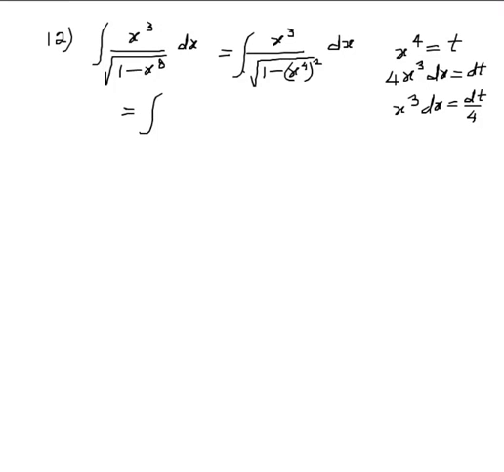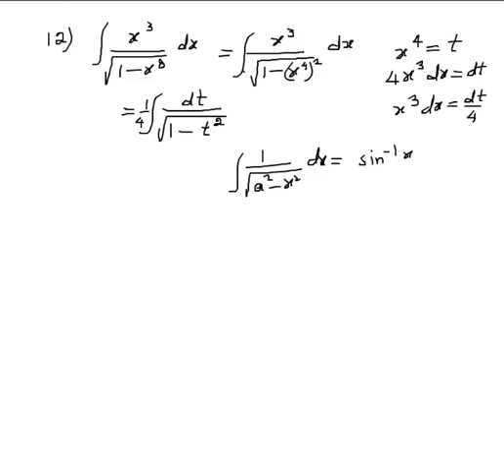Therefore, it becomes integral dt divided by 4. I wrote 1 by 4 outside, divided by root of 1 minus t square. And we'll use the formula integral 1 by root of a square minus x square dx is sine inverse of x by a plus c.